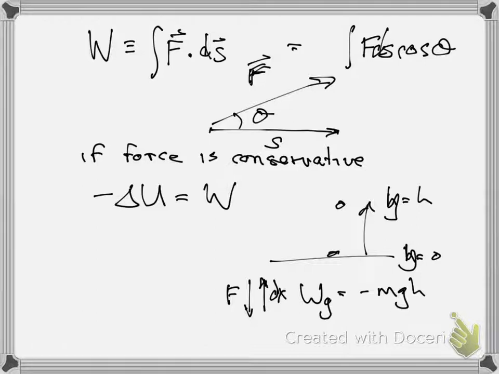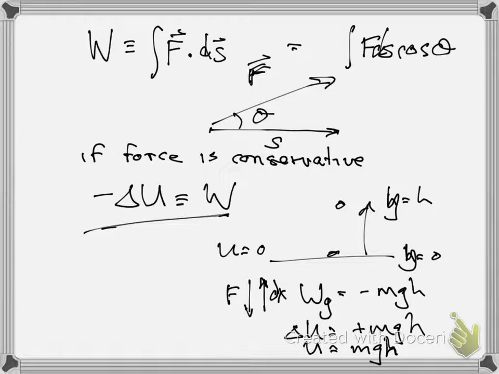So the work done by gravity is negative, but the change in potential energy is positive. The change in potential energy is plus mgh. Or if we define the potential energy equals 0 at the bottom, then we can just say U is equal to mgh, but that's where we had to define our 0. Remember that? So this is how we define potential energy. I'm going to put a third equal sign there because that's how potential energy is defined.